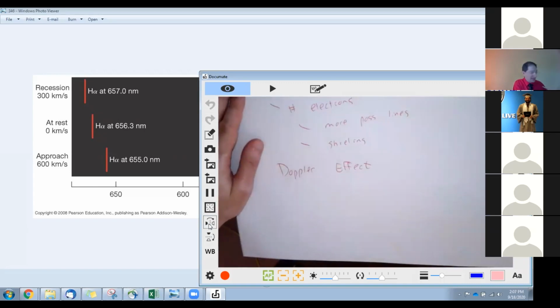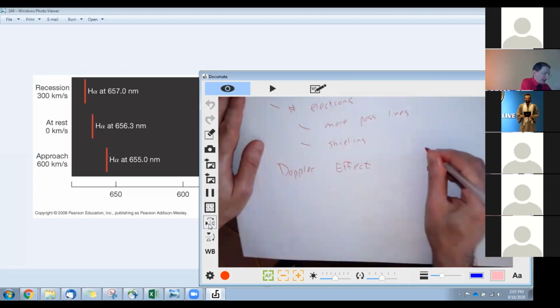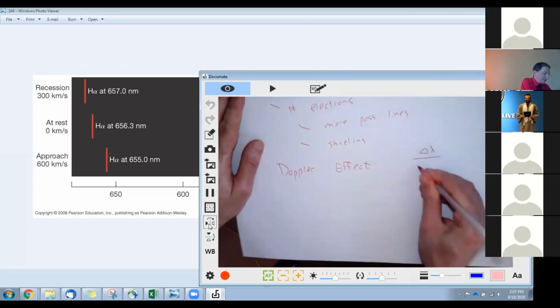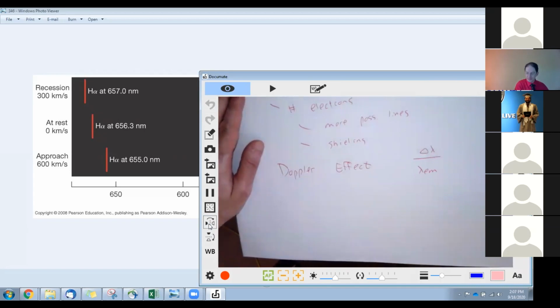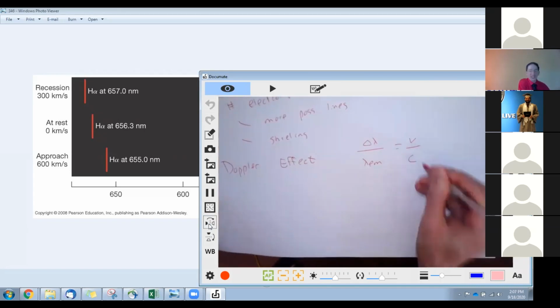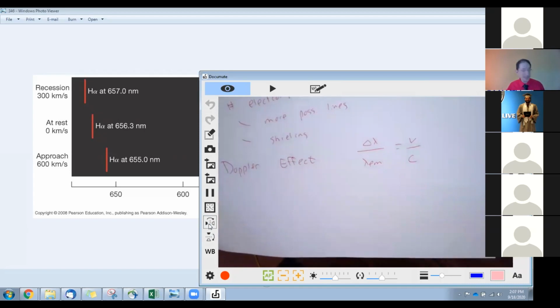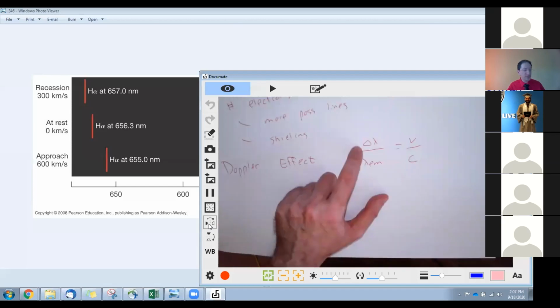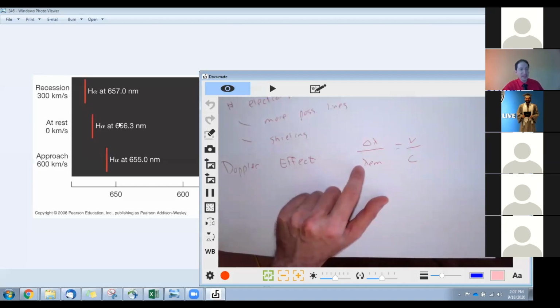And okay, so here's the equation. The change in wavelength divided by the emitted wavelength is just equal to the speed of the object divided by the speed of the wave, which for light is c. So often the way this works is astronomers will measure that shift in wavelength, which we see here, divide by the emitted wavelength.